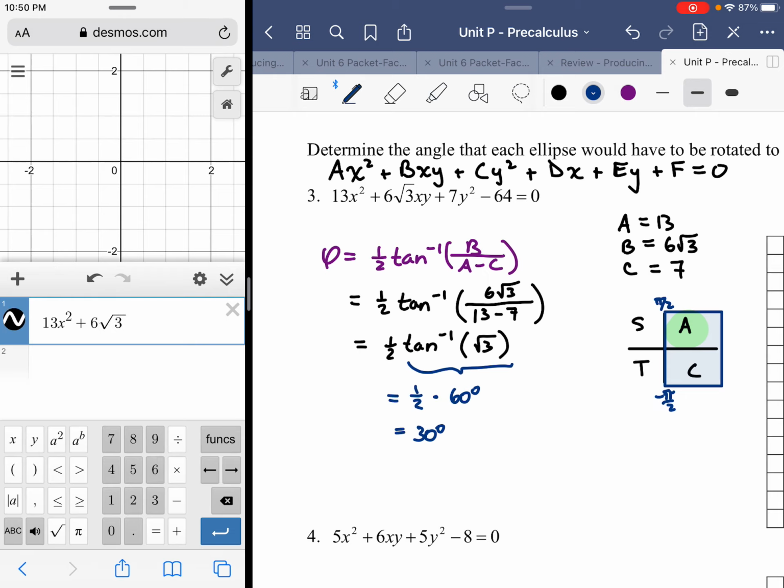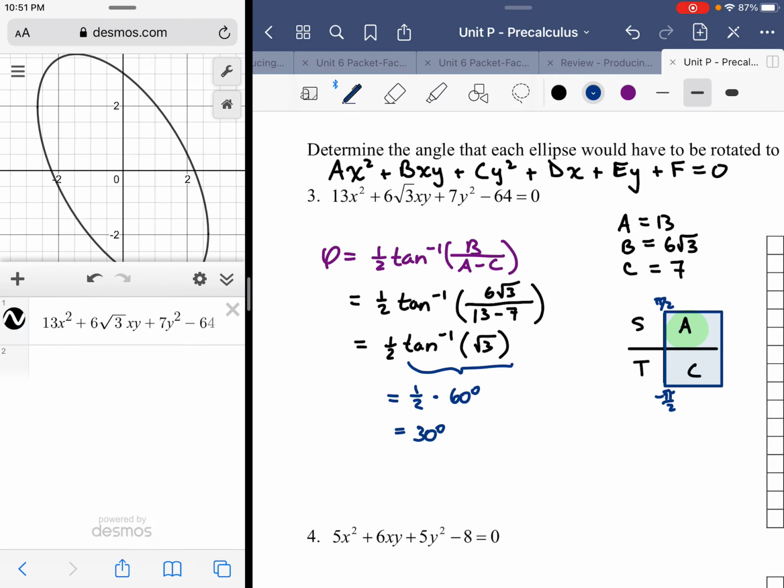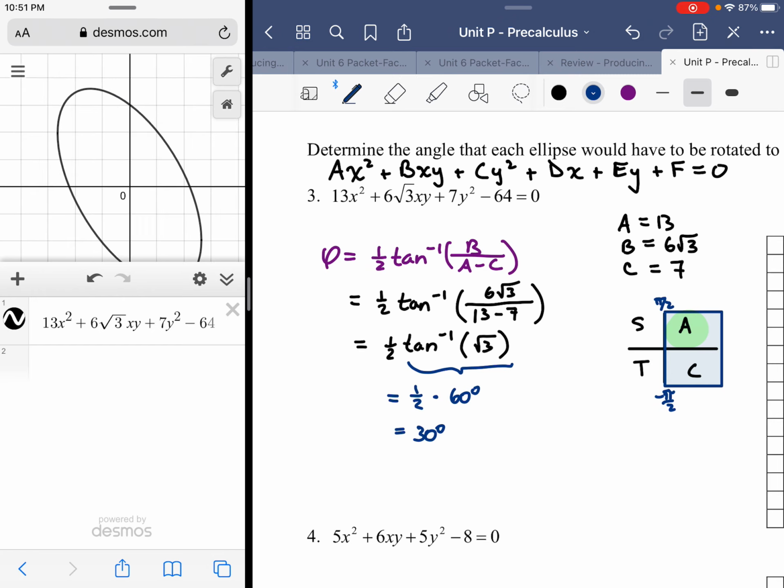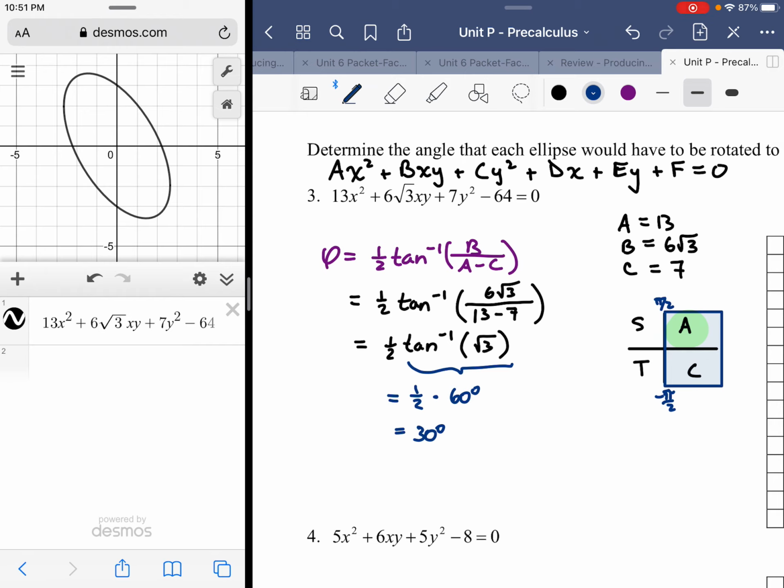All right, so take a quick look. 13x squared plus 6 radical 3 xy plus 7y squared minus 64 equals 0. It's kind of hard to see, but it looks like it could be a 30-degree rotation.